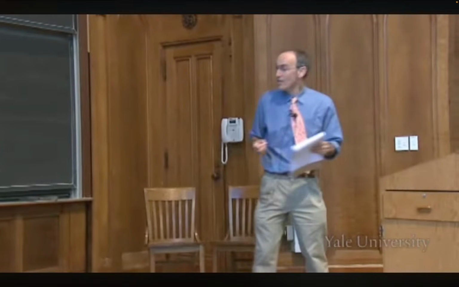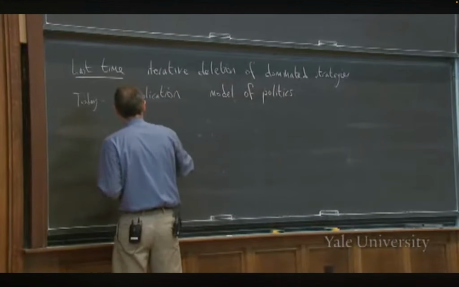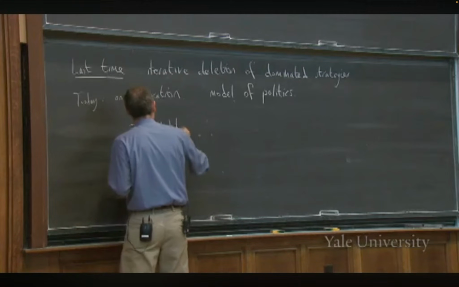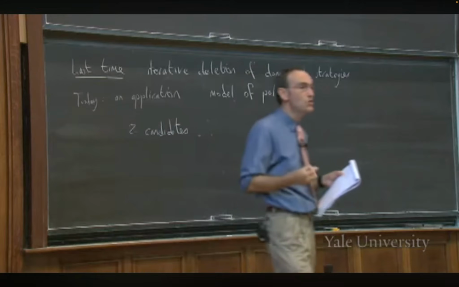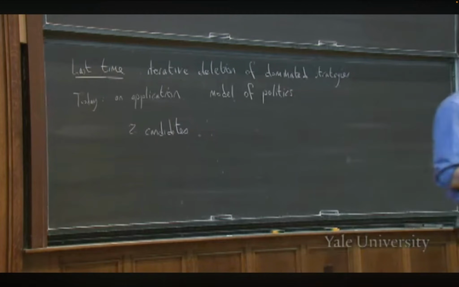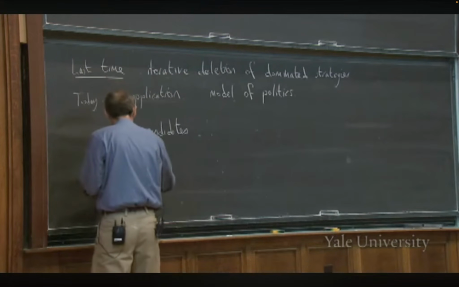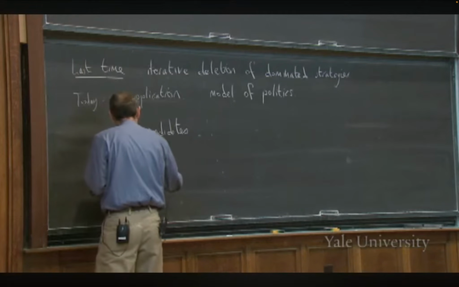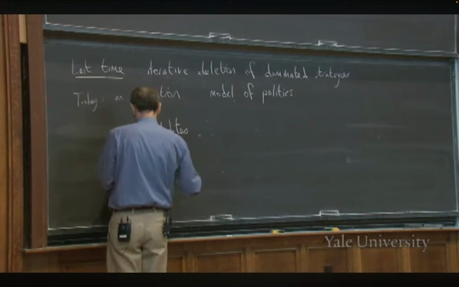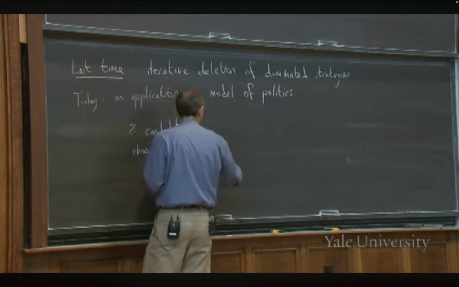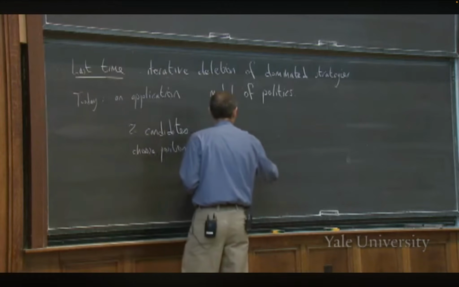We're going to imagine that there are two candidates, and what these candidates are doing is they're choosing their political positions for an election. So these are the players, and the strategies are going to be that they're going to choose positions on a political spectrum.